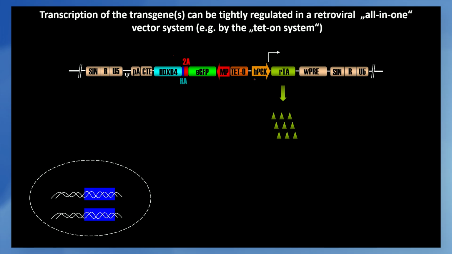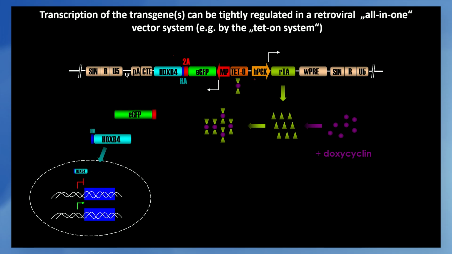And by doing so, if you add doxycycline, that binds to the minimal promoter, and in this case GFP and the transcription factor are being expressed, which then can go into the nucleus and do something with the cell and label the cells green. So this is a complex vector which has been constructed on a piece of paper basically, and then of course cloned, and that works.